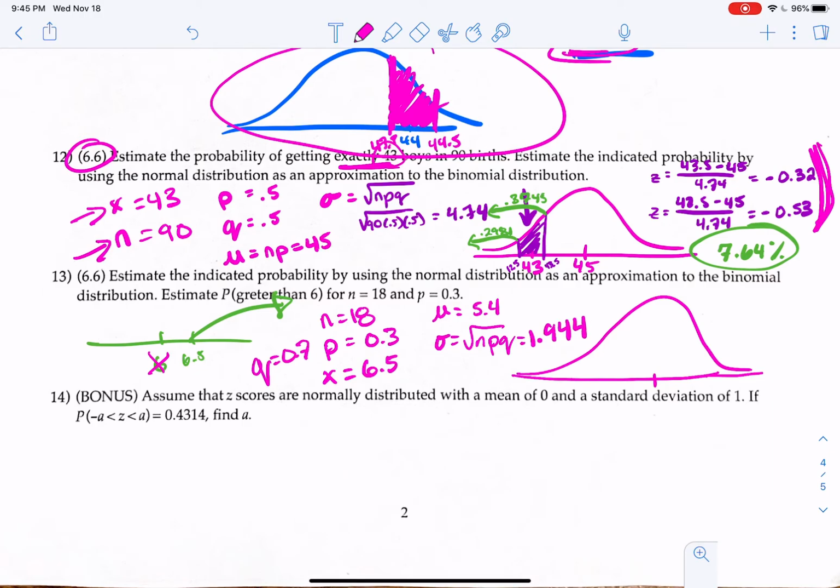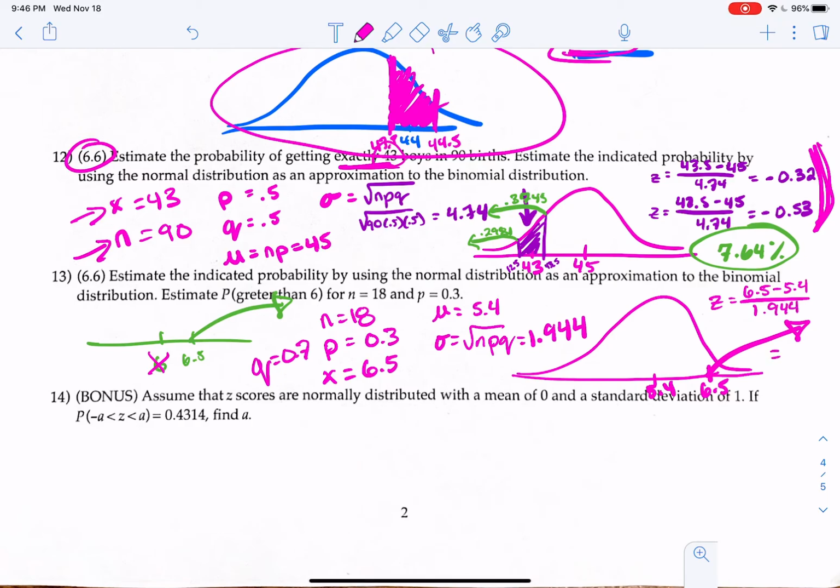All right, now I want to put on my bell curve the average here, which is 5.4, and I'm looking for 6.5, and everything to the right of 6.5. So I need to find the z-score for 6.5. So 6.5 minus 5.4 divided by the standard deviation, 1.944.